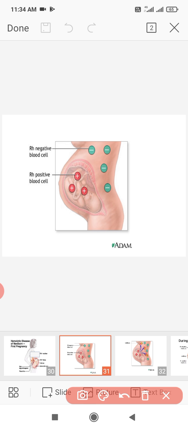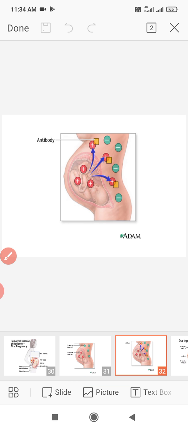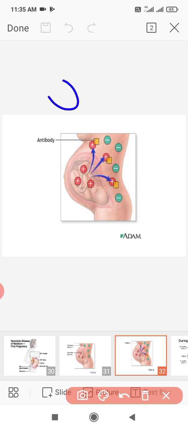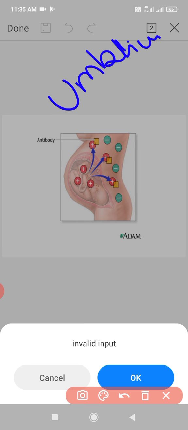They are showing RH positive and RH negative blood like this. During delivery, or parturition, they will cut the umbilicus or placenta. They will cut the placenta, right?